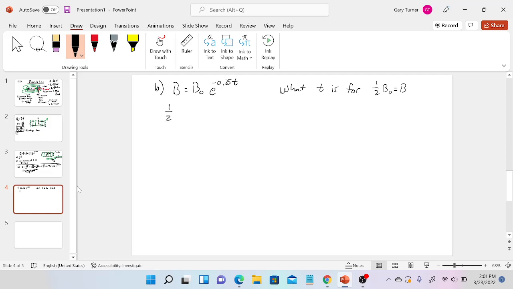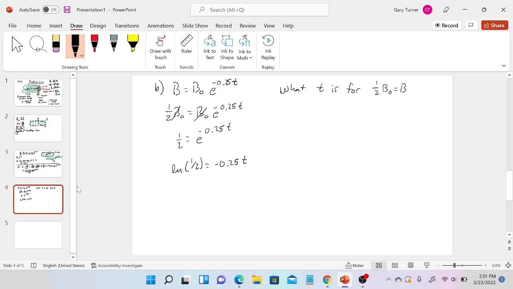Then 1 half B naught is equal to B naught e to the negative 0.25t, and my B naughts cancel out. I'm left with 1 half is equal to e to the negative 0.25t, and so then I've got the natural log of 1 half is equal to negative 0.25t.